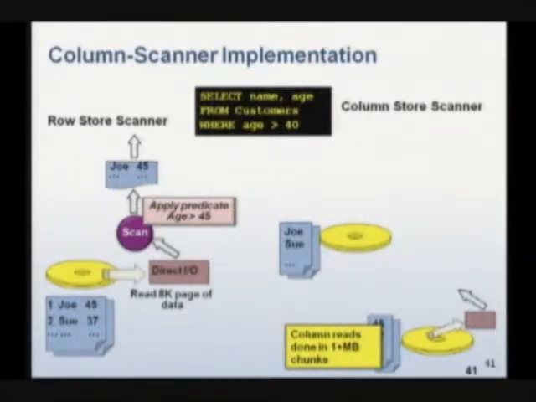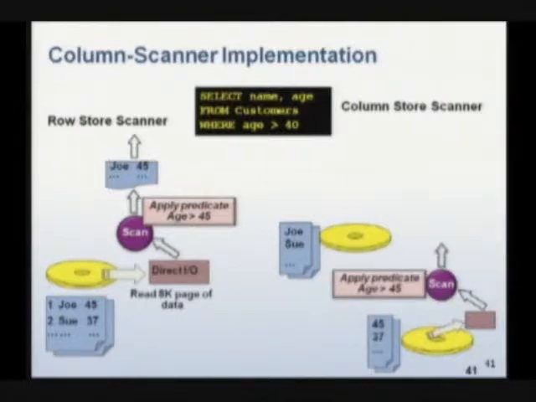So we know we're going to read all these column values, so we read in big IOs. We apply the predicate. Well, that's not too hard, but what comes out is different. What comes out of the scan is not a set of values, but a set of positions and values. So this says the first customer, age 45, is at position 1, and it satisfies the predicate.